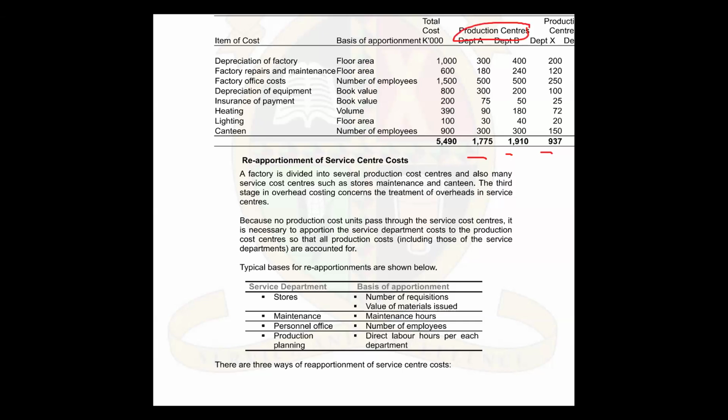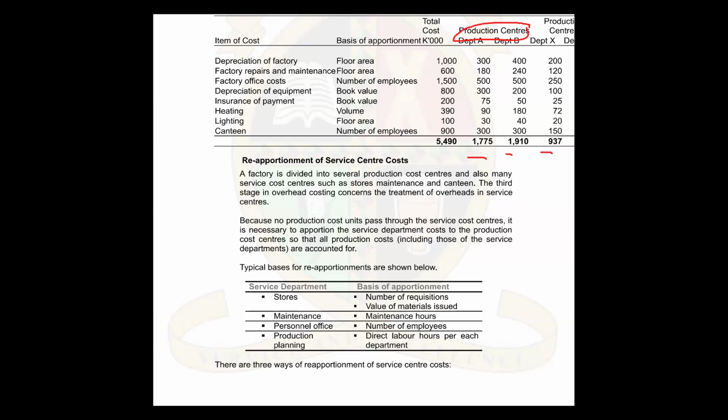In our case, the only production departments were Department A and B, the only departments where production took place. Departments X and Y had no production taking place. These were service departments, meant to help or assist the production departments.